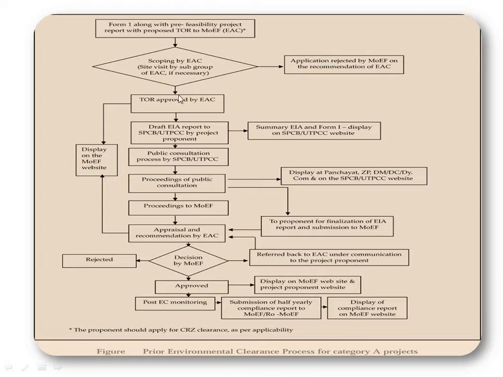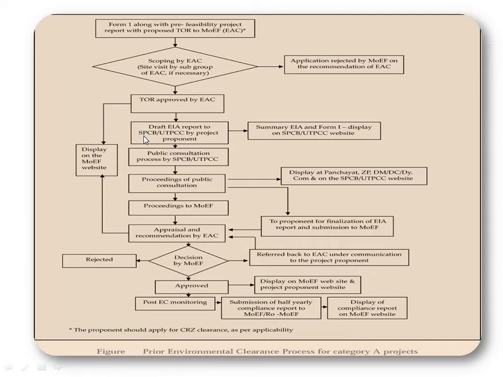If it is approved, then the draft EIA report is to be sent. It will be displayed on the MOEF website, where I'll show you how it is reflected. Then the draft EIA report goes to the State Pollution Control Board by the project proponents.